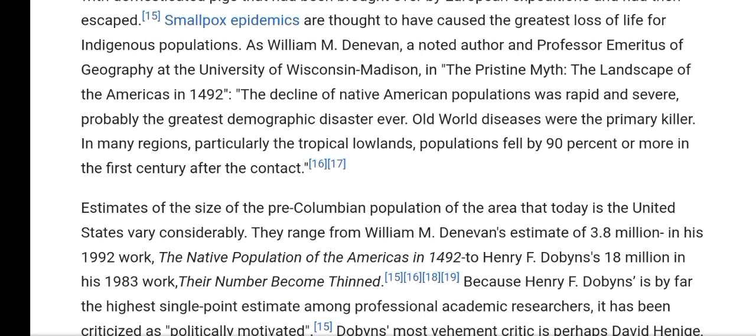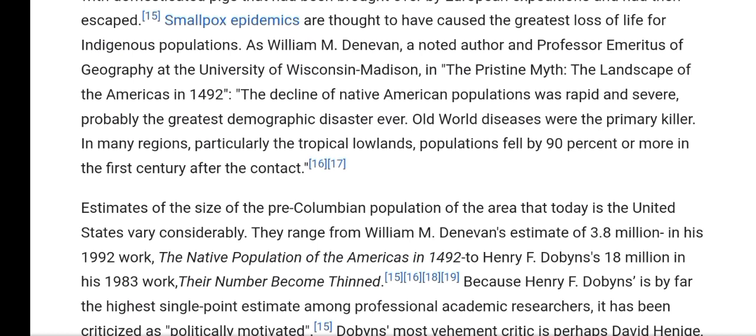Estimates of the size of the pre-Columbian population of the area that is today the United States vary considerably. They range from William M. Denevan's estimate of 3.8 million in his 1992 work, The Native Population of the Americas in 1492, to Henry F. Dobyns's 18 million in his 1983 work.